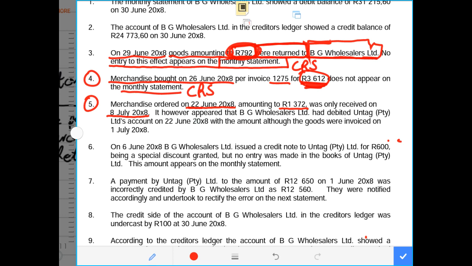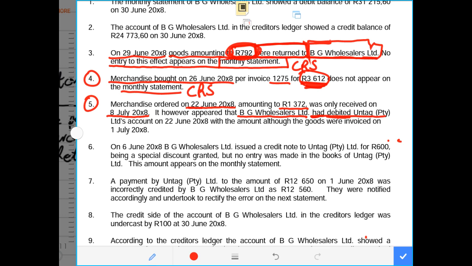It, however, appeared that BG Wholesalers Ltd had debited Antec. Why do they say debited? Because BG Wholesalers is treating us as a debtor, because they are selling inventory to us on credit. Whenever they sell to us, they will debit our account because we are a debtor to them. Their debtors are increasing because they are selling more to us on credit.